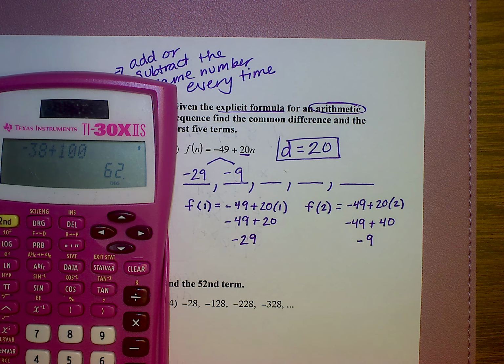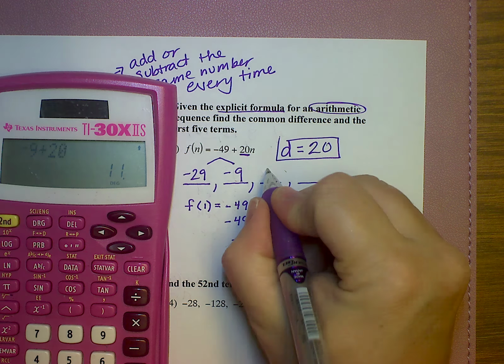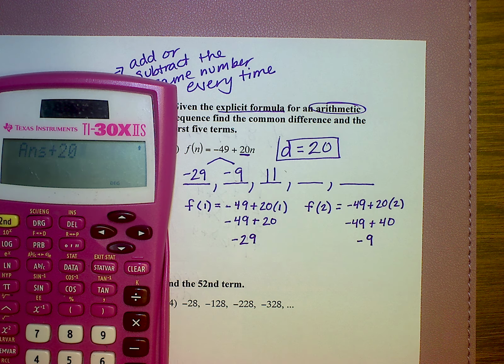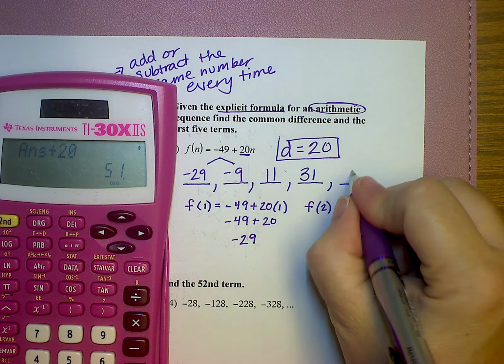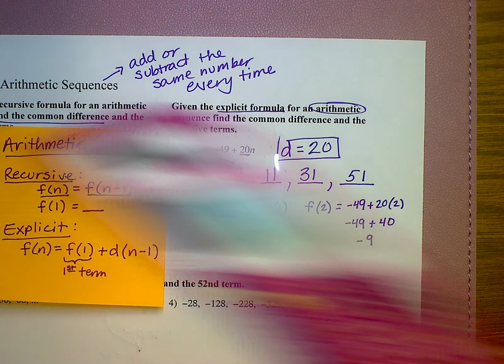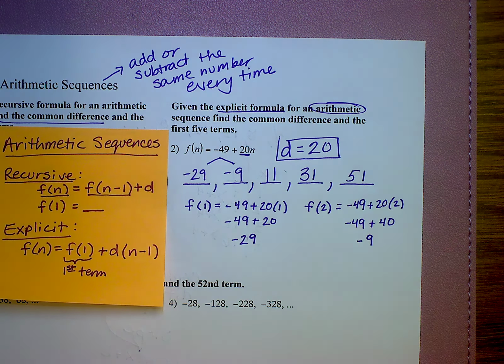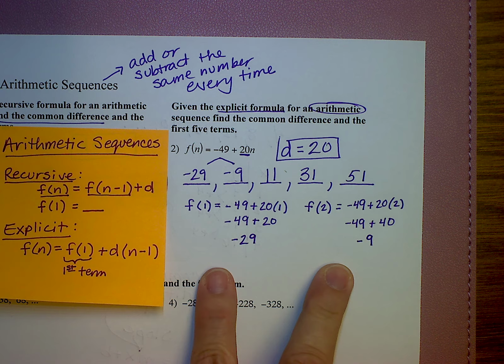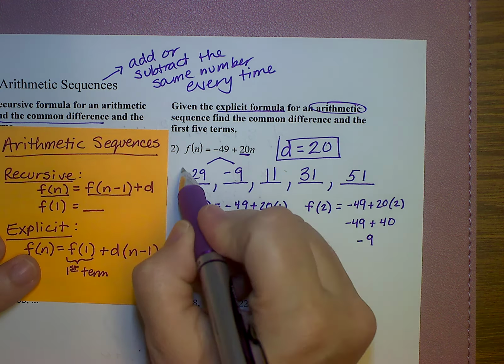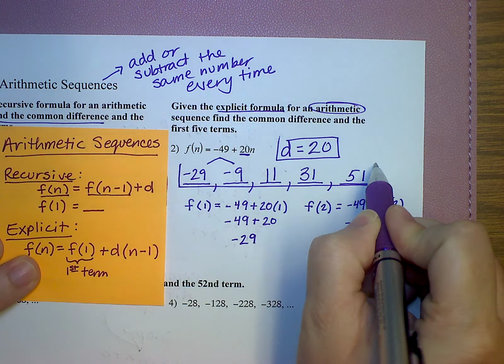I just keep adding 20. So negative 9 plus 20 is 11, plus 20, plus 20 again. There's the remaining terms. So I don't have to do this process for all 5 terms, because if I can get 2 and identify that d value, it lets me take a shortcut for the rest of them.